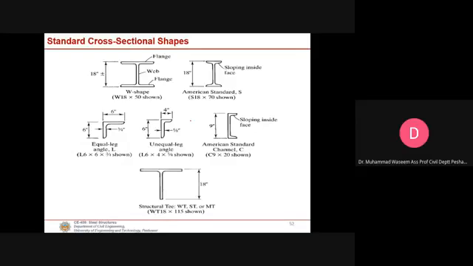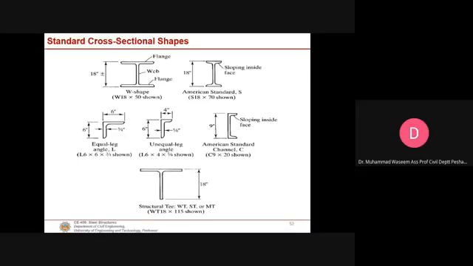As I told you, in reinforced concrete design, you have been using regular shapes like rectangles, squares, T's. But in the design of steel structures, you have to select cross sections from some well-defined shapes.